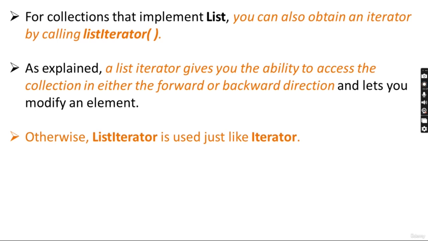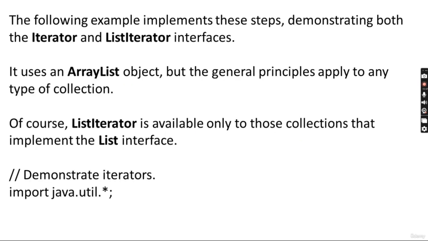So there are two advantages to having the ListIterator interface. First, you can access the collection elements in either forward or backward direction, and second, it lets you modify the element. Otherwise, ListIterator is the same as the Iterator interface.